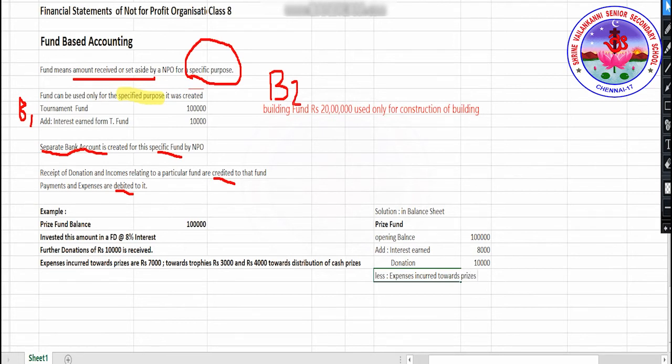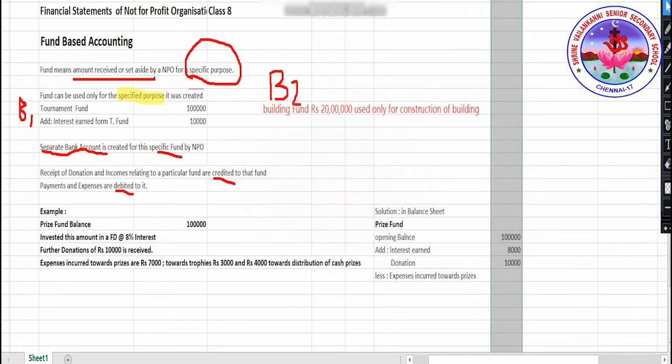How much is the expense incurred towards prizes? See, it is only 7,000. Trophies will not come, and 4,000 distribution of cash prizes will not come.